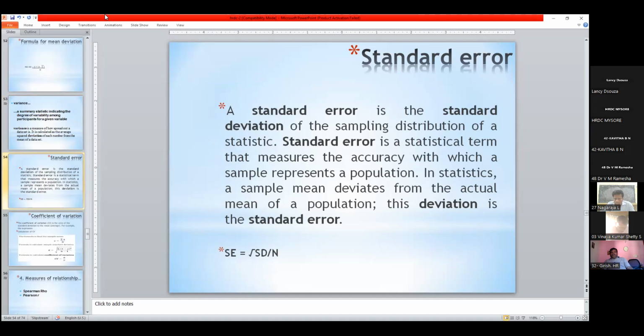The formula is standard error equals SD divided by the square root of N. With that, you can calculate the standard error. And as I said, a few of the journals would rather require standard error than standard deviation. But remember, this is also one of the measures of variability.